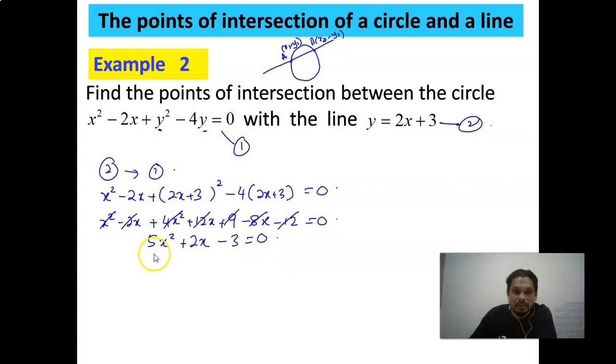Okay, so we call this a quadratic equation right now. Let's use factorization if possible: 5x and x. For x times x to get 5x squared, there are no other choices, only 5 times 1 or 1 times 5. And then the product of roots is 3 or negative 3.